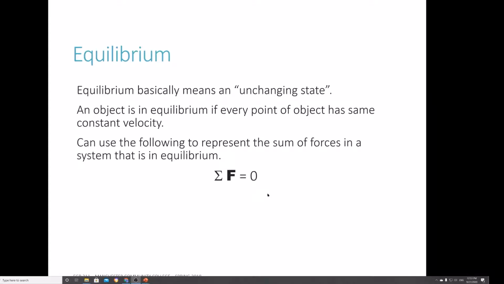But recognize that often the second part of the equation would be that the summation of moments, which are just rotations, would also have to be 0. So this one only applies if you can consider everything to be a point or particle, or acting on a point or particle.